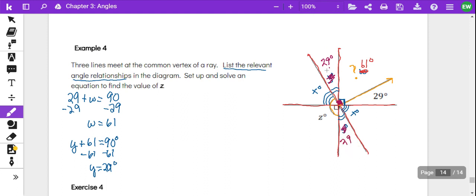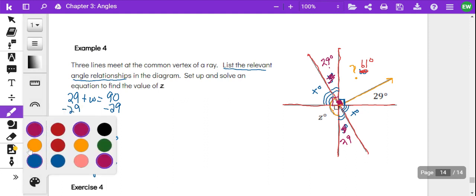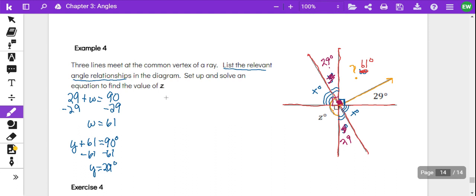Okay, so I can also see that if these two are right angles, 29 and X are right angles. Okay, so now I have X plus 29 equals 90. Let's subtract 29 from both sides. X equals 61. Oh, we see some relationships here with these angles that weren't obvious before.